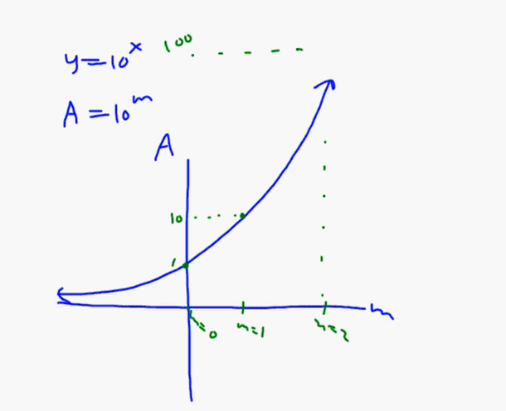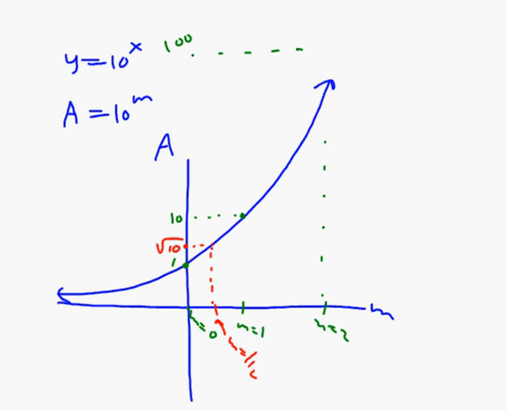But I never said that m has to be an integer. I didn't say m has to be 1 or 2 or 3 or 0. Maybe m's a decimal. So I certainly am allowed to plug in something like m equals 1/2. And if I did that, I'd trace it up, and I'd come across, and what I have here is the square root of 10 as a y value, which is a little bigger than 3, right?